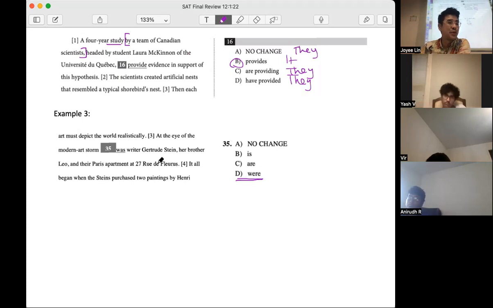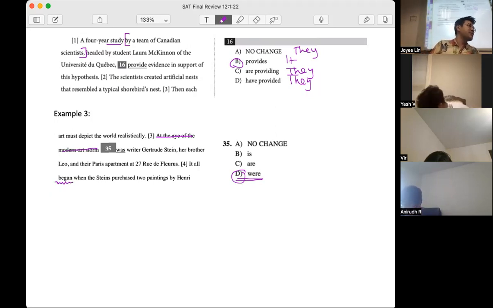Example 3 is your example of an inverted sentence. They put the prepositional phrase at the beginning, so you could still cross that out. We don't need at the eye of the modern art storm. So literally, these three things were at the eye of the modern art storm. So what do a lot of people do? Oh, it was Gertrude's sign, so they just stick there. And then we know it's past tense because it says it all began. Past tense. So this is the highest level of subject-verb agreement trickery that you might face with an inverted sentence.